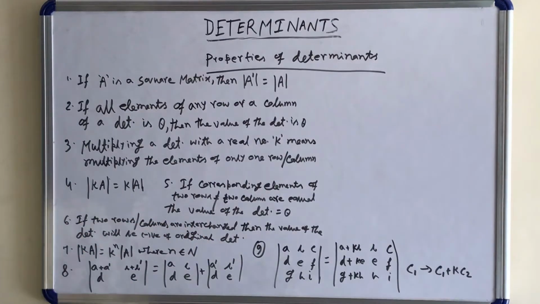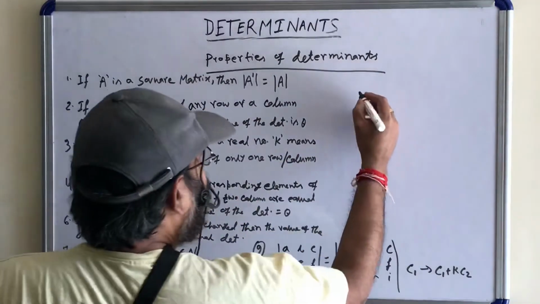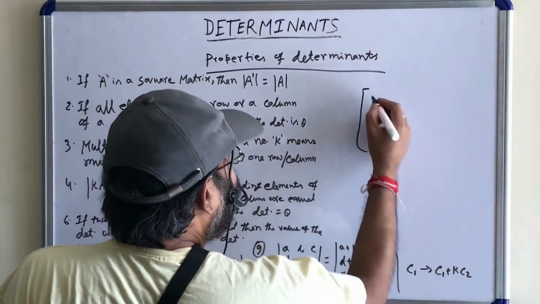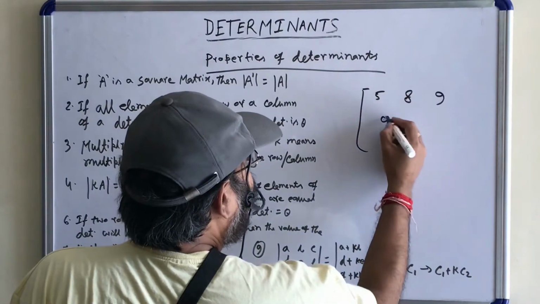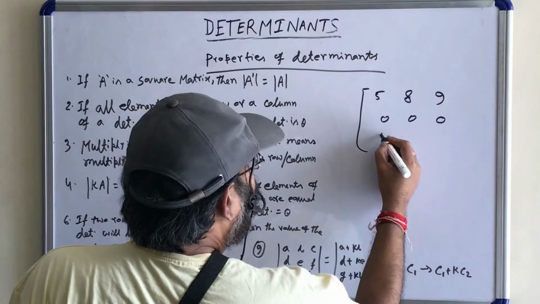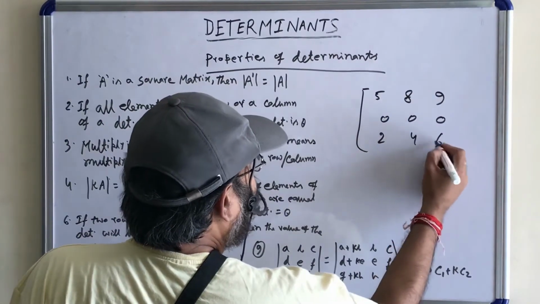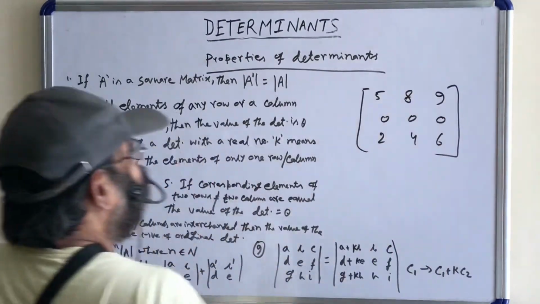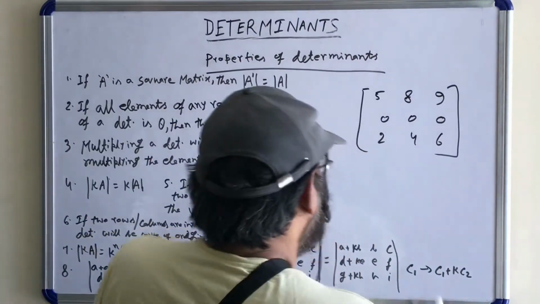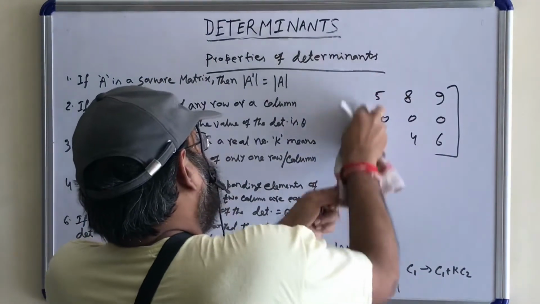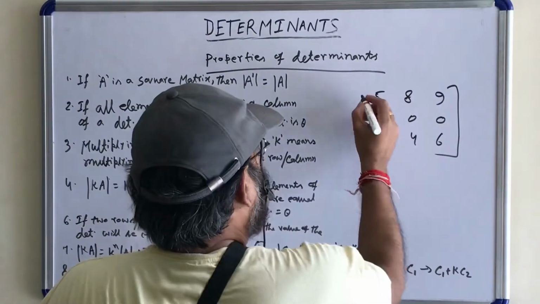It is again very simple. Why? Take any particular row or column, say 5, 8, 9, 0, 0, 0, 2, 4, 6. It is a determinant.